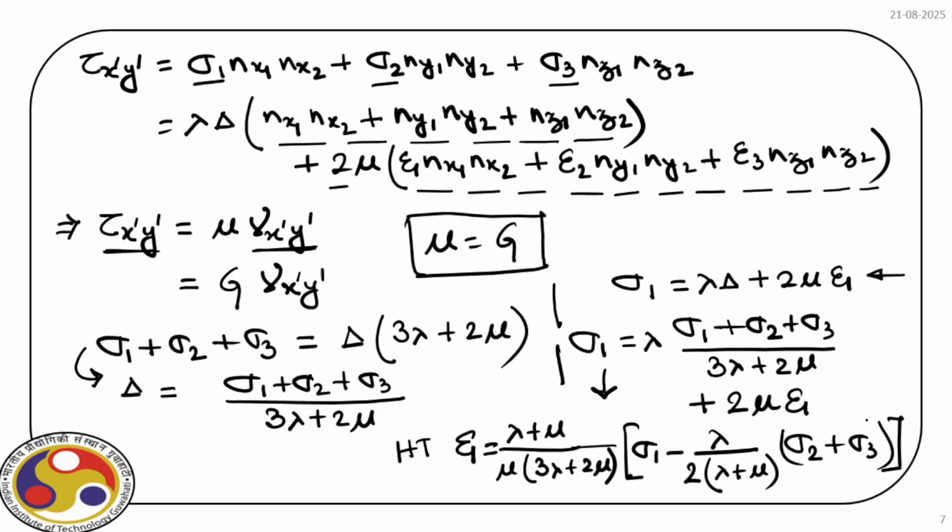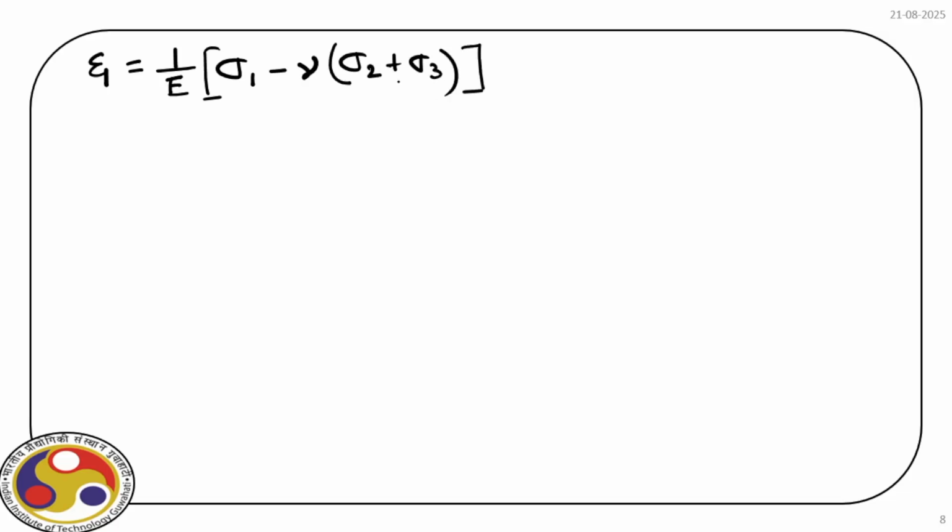Now we are familiar with this expression because from elementary strength of materials we know what epsilon 1 is. If we write down that expression, epsilon 1 is nothing but 1 by E, that is Young's modulus, within brackets sigma 1 minus nu, that is Poisson's ratio, times sigma 2 plus sigma 3.